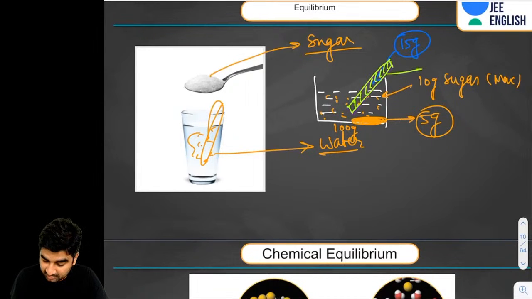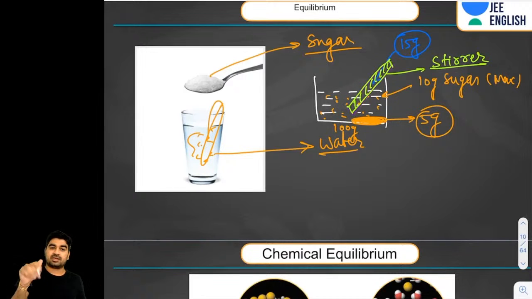So this is the stirrer, guys. And if I stir them, what will happen? This 5 gram sugar, will it dissolve or not? You will say that this 5 gram will not dissolve. But actually you can perform an experiment here.